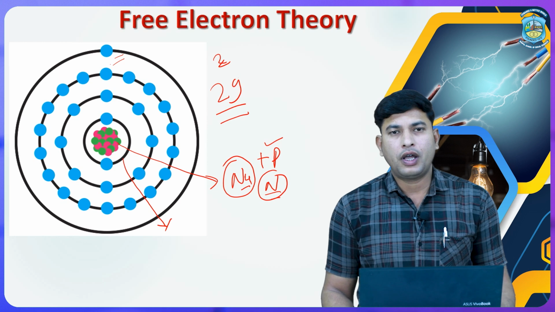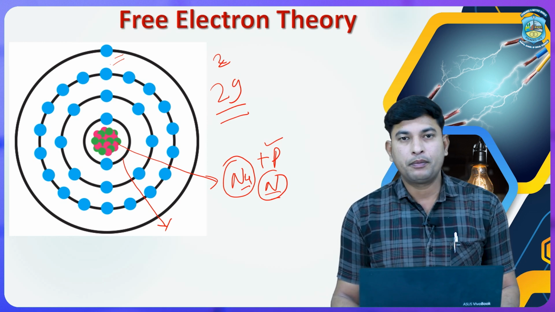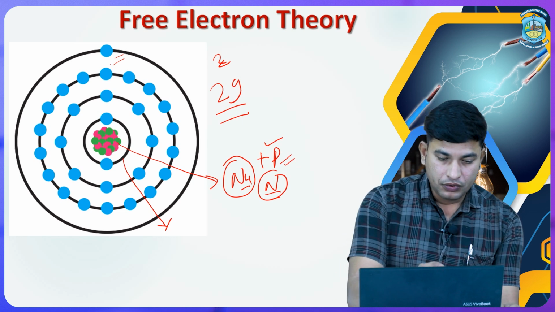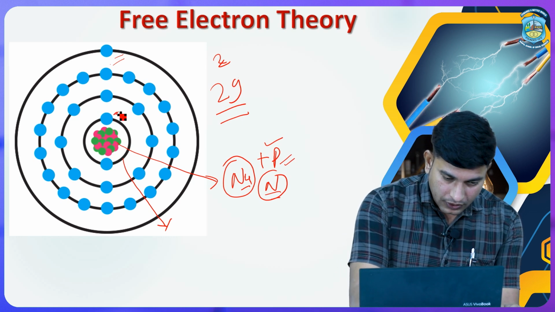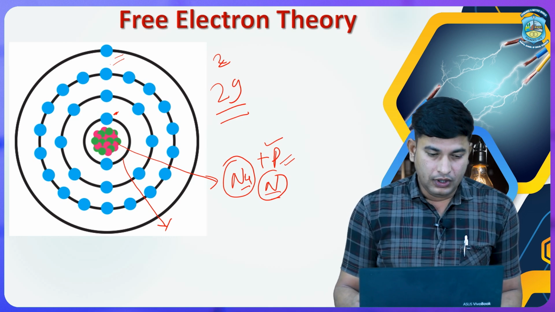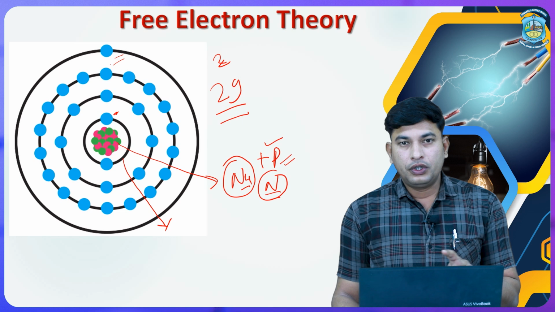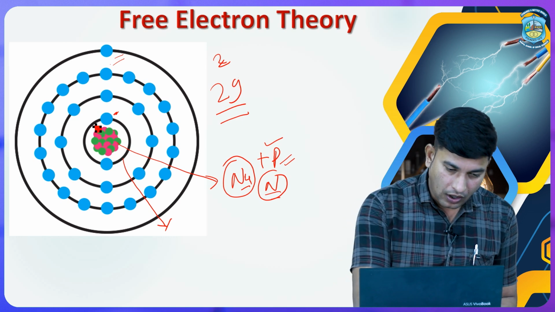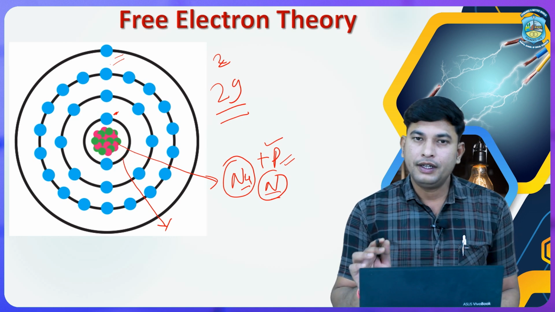Neutrons generally do not have any charge, while protons have positive charge. The blue color particles are the electrons. Electrons are generally found on the orbits. They are not inside the nucleus; they are always in the outermost core of any material.